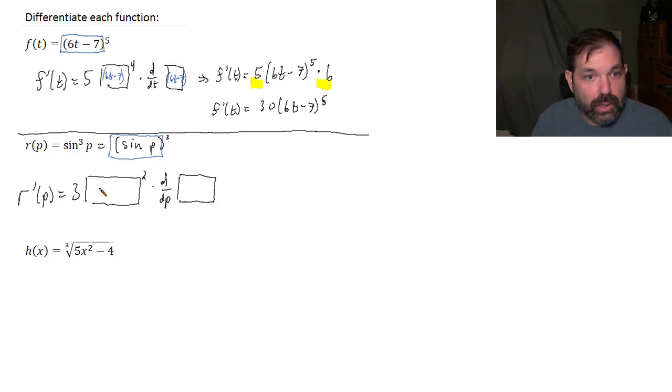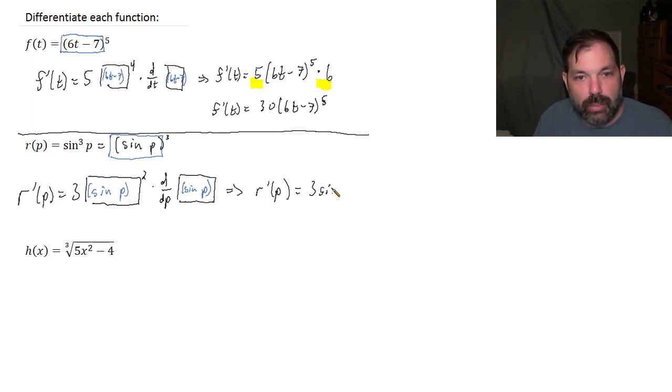And what's in the box here? Sine p. So r prime of p is 3 sine of p squared, which we can write as sine squared p, and then the derivative of sine p is cosine p. So that's what I would write: r prime of p is 3 sine squared p cosine p.